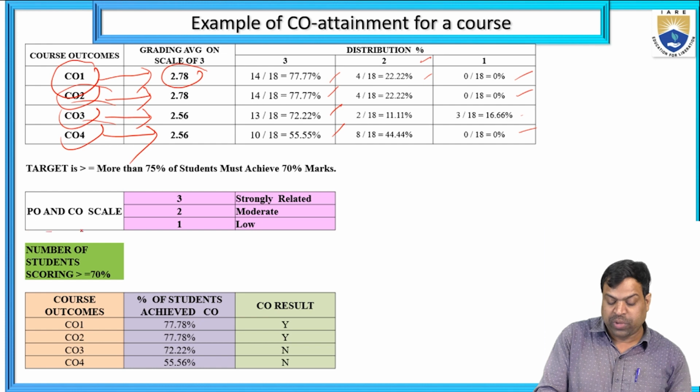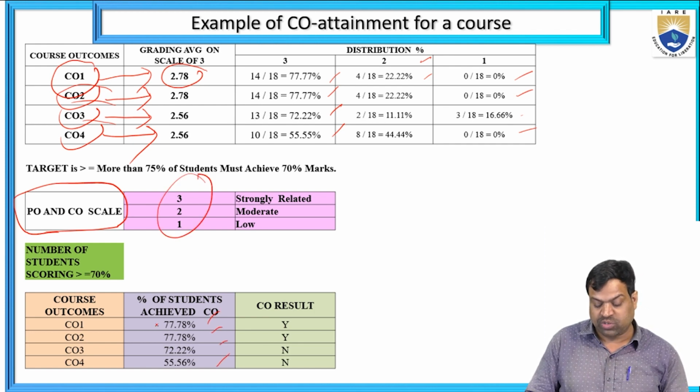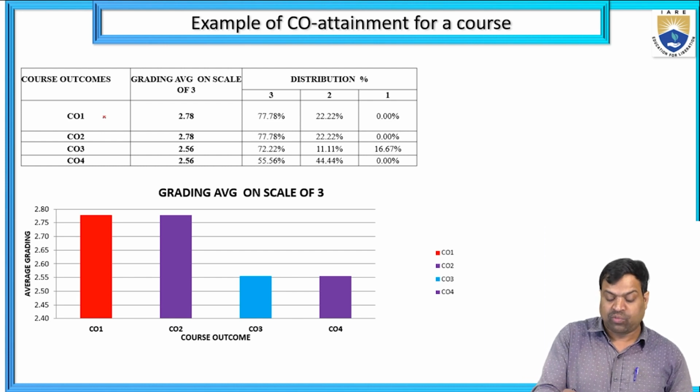Okay. So the PO-CO scale is out of 3. How much level is there? Based on these levels, we get the course outcomes achieved, with respect to how the students got marks in the mid exam. Here there are 4 course COs, and the grade averages out of 3 are 2.78, 2.78, 2.56, 2.56.